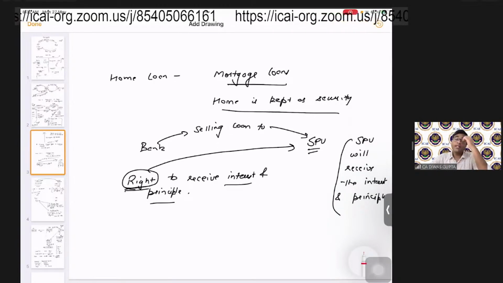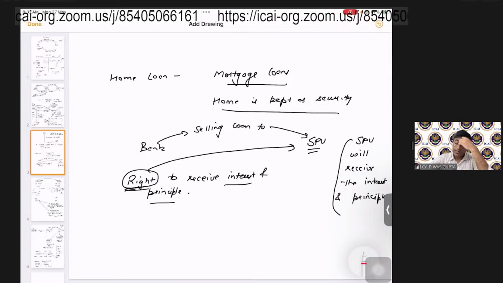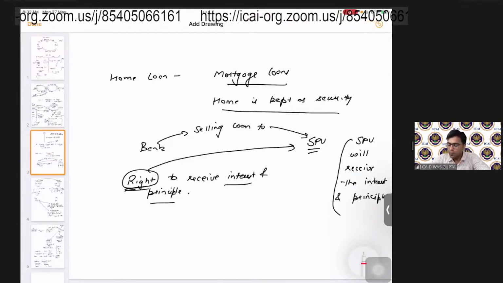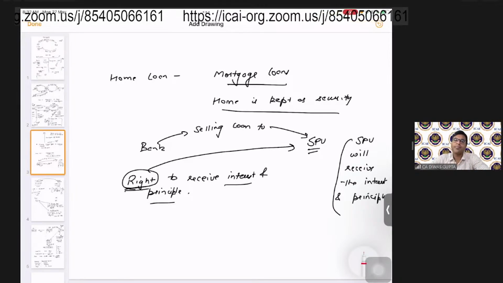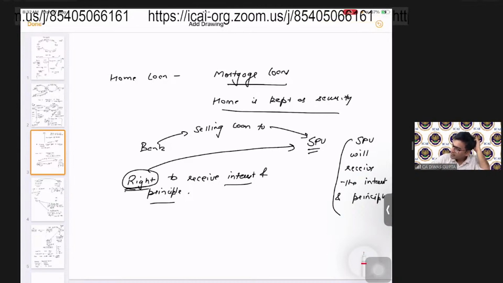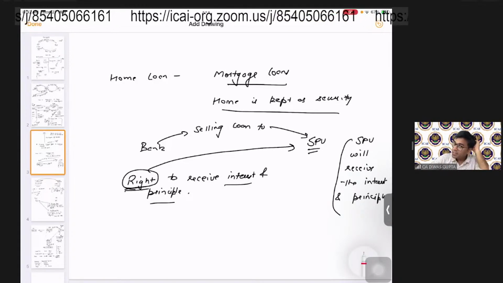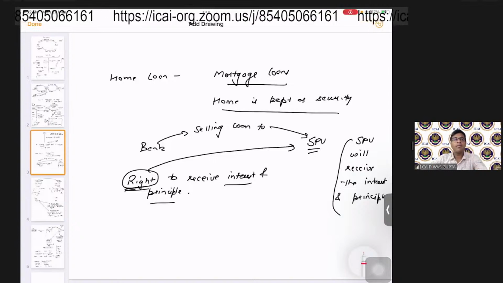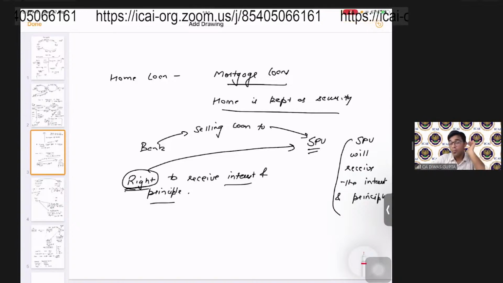Now, home loans, students, we know that these are called mortgage loans because the home is kept as security. Correct? The home is kept as a security. That is why we call them a mortgage loan, because a mortgage is something backed by the security of a home.